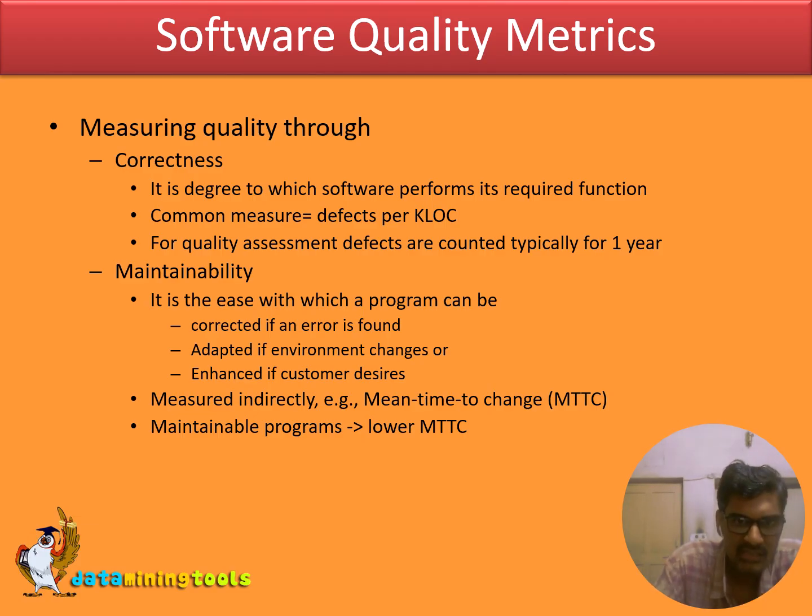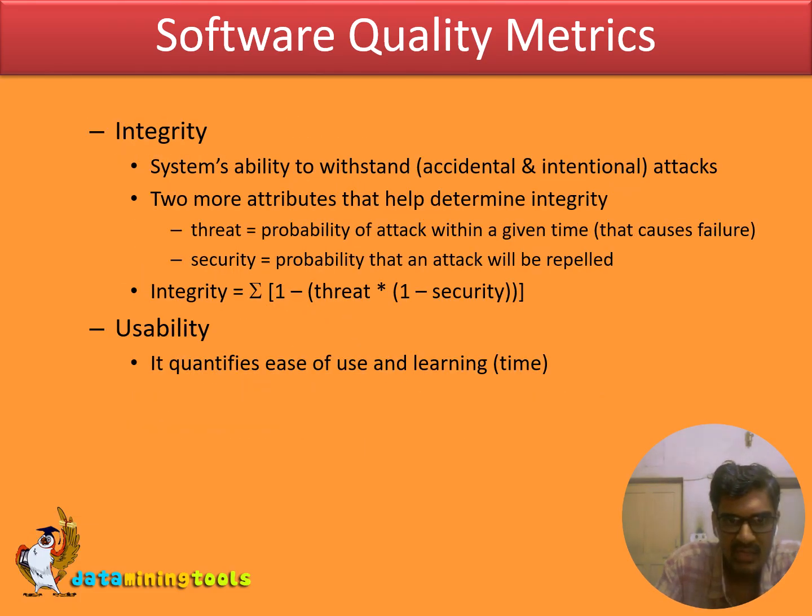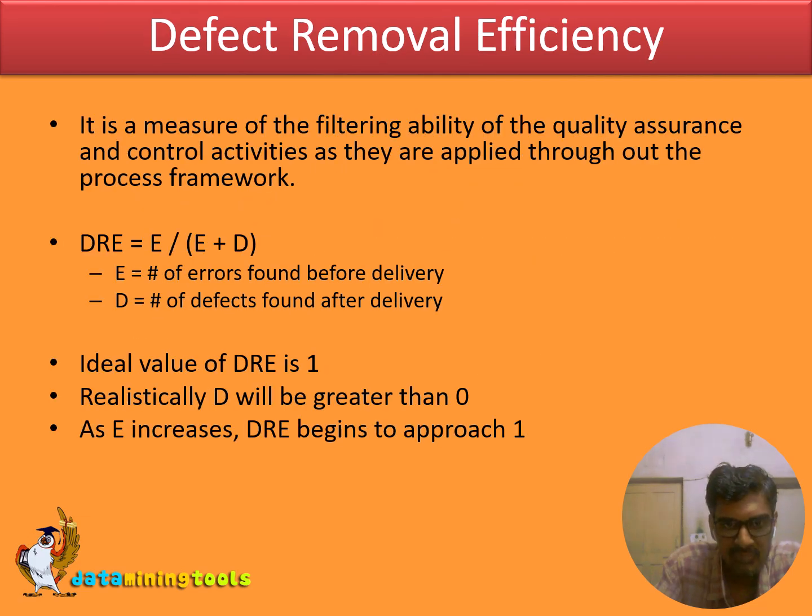Software quality metrics are generally testing metrics. For instance, maintainability is the ease with which a program can be corrected or adapted or enhanced. Next, integrity, the system's ability to withstand attacks. Usability quantifies ease of use and learning time.